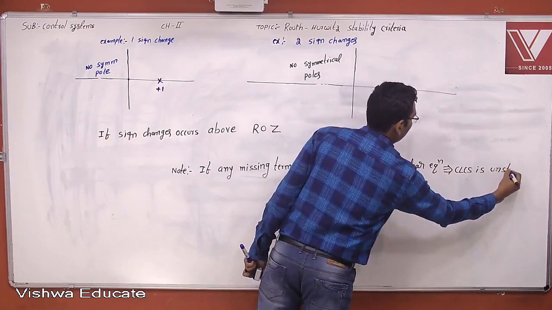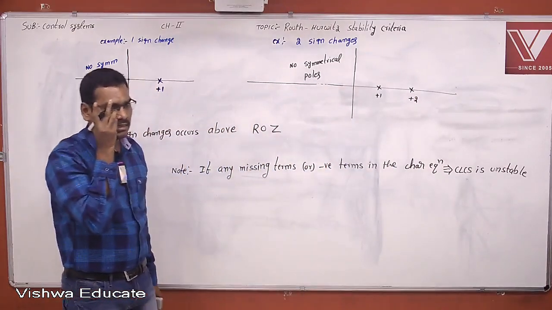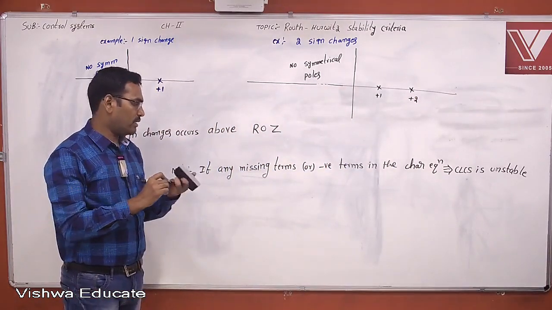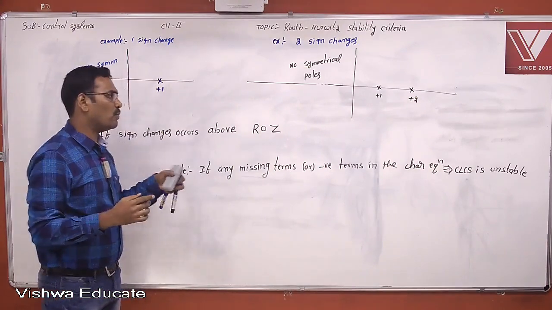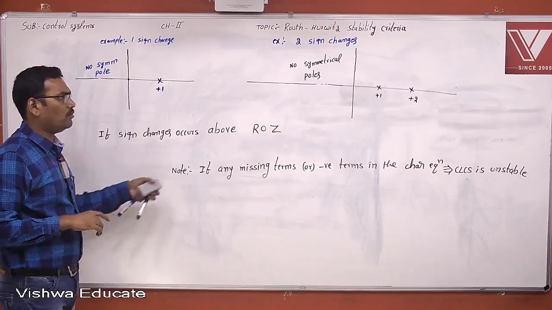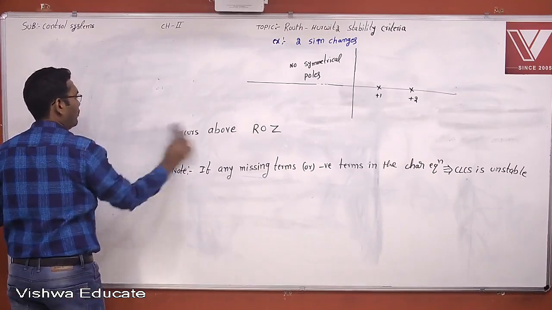You know this, okay? If any missing terms or any sign changes or any negative terms beyond order 3, the closed loop control system is unstable. Based on this, we'll solve a few problems.